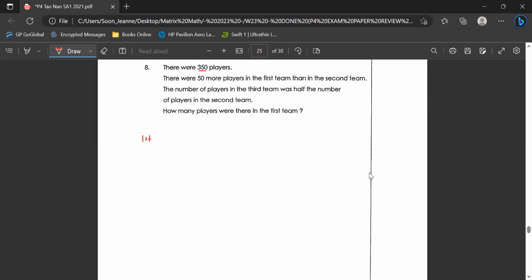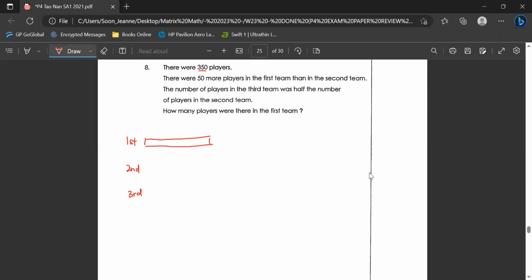So I'm going to draw first. You have 3 teams, right? So first, second, and the scribbling is there. Let me erase that. Okay, let me do again. So I'm going to write first, second, and third. Okay, so it says 50 more players in the first team. So the first team I'm going to draw a long one.